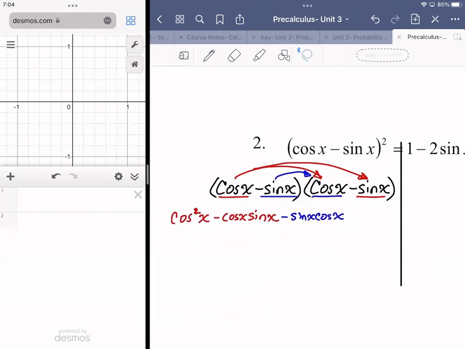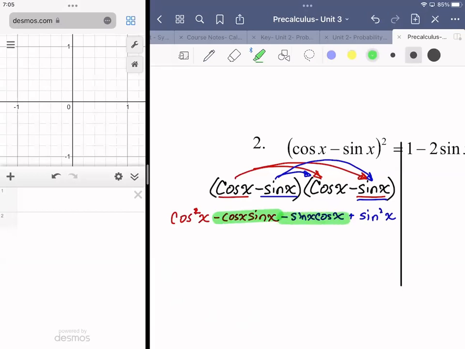All right. And then I would take that negative sign and multiply it by another negative sign, which would give me a positive sine squared x. All right. I have some like terms. It doesn't seem like that initially, but they are, because these have the same ingredients.